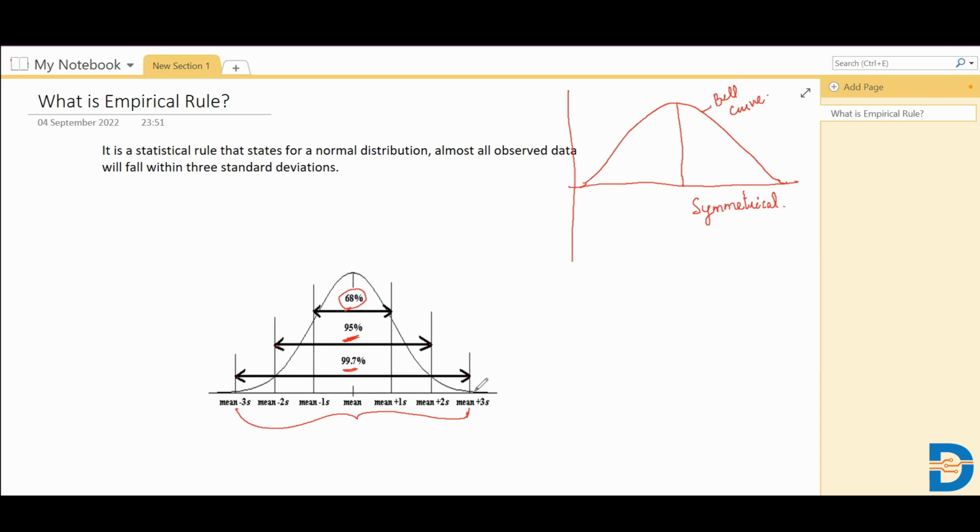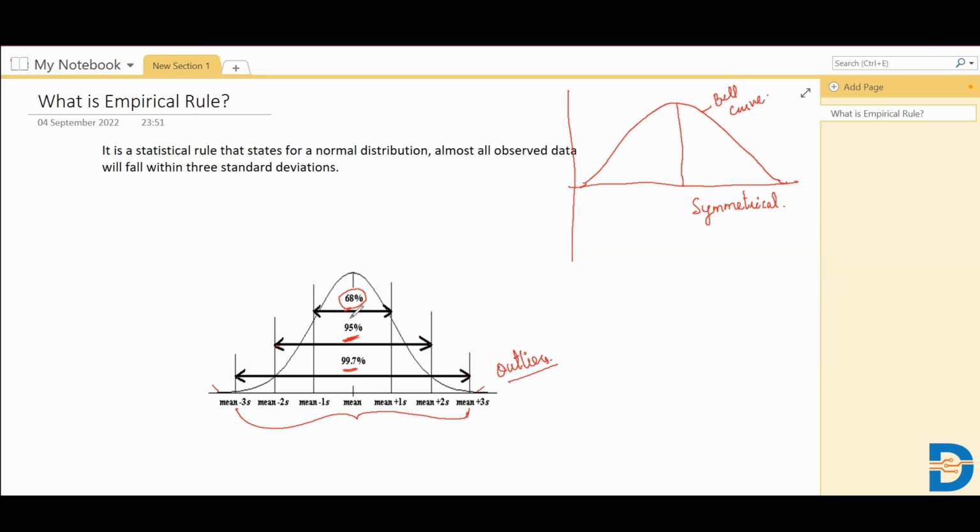What about the data points at the extremes? Any data points beyond 3 standard deviations in a normal distribution are called outliers.